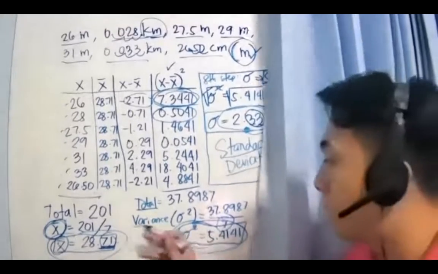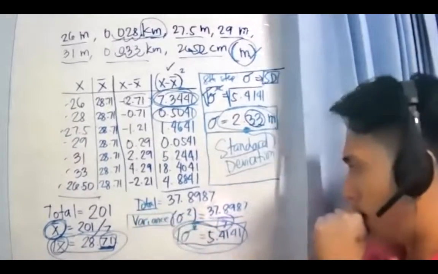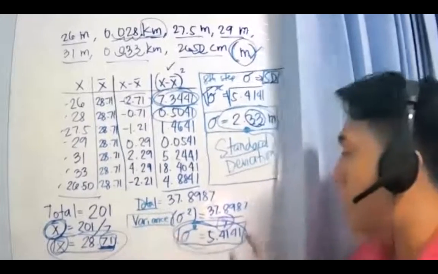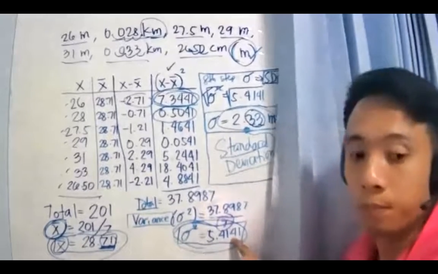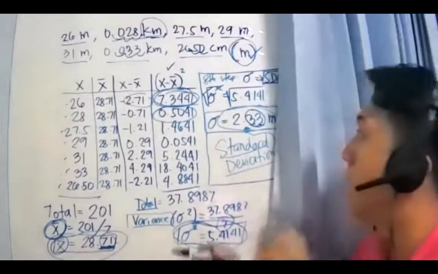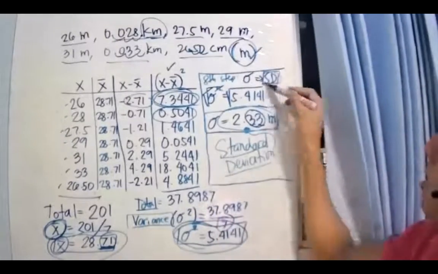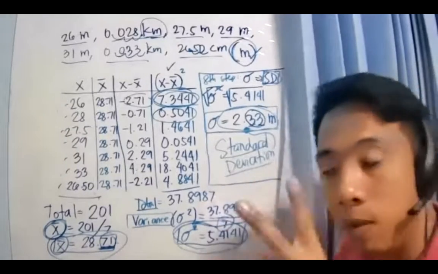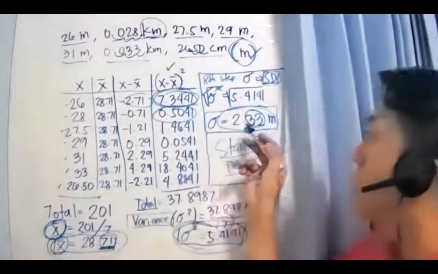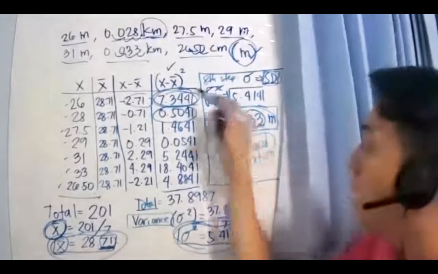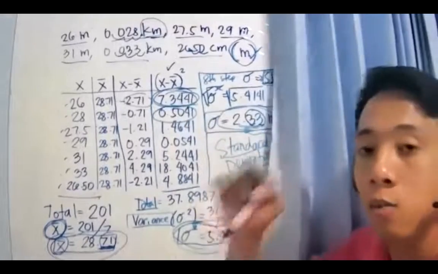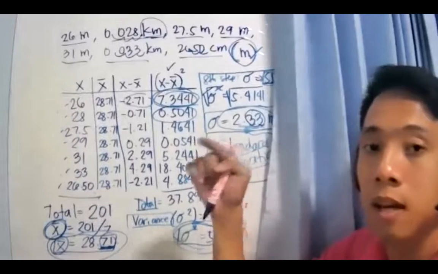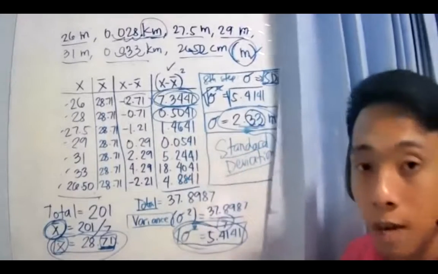In finding the variance, copy all the numbers also. And then, in finding the standard deviation, 2 decimal places. So, 2 decimal places natin, ang mean, tsaka standard deviation. Yung mga ibang terms is we need to copy what is inside the calculator. Okay? Is that clear?